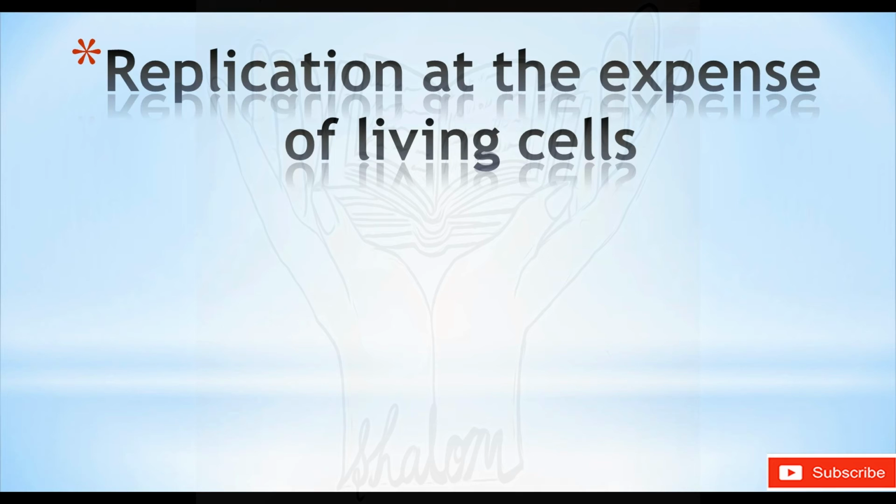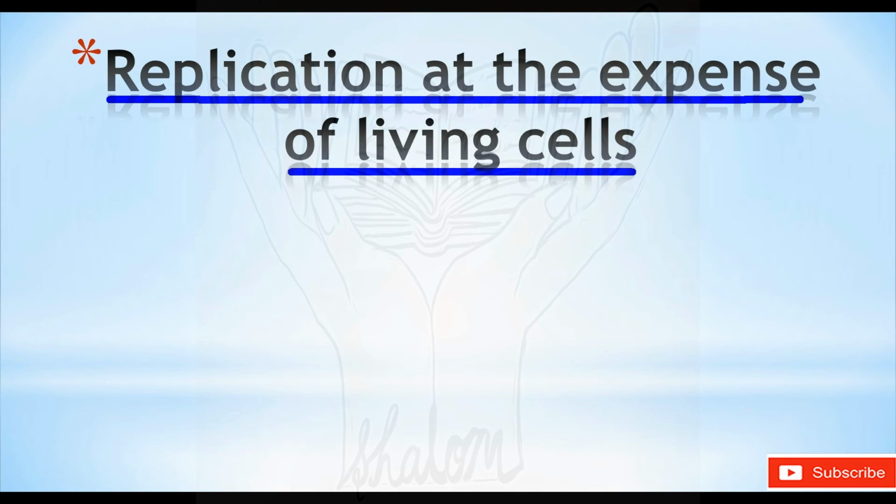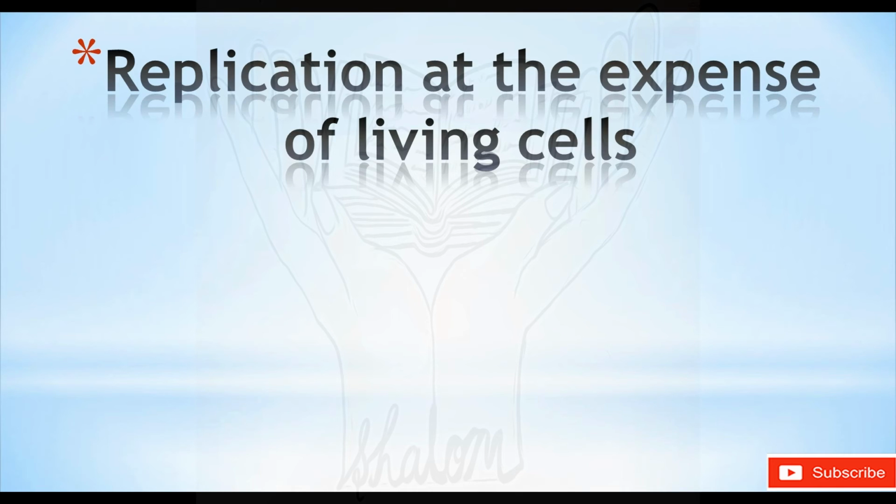The fourth characteristic of a virus is replication at the expense of living cells. This simply means that viruses can replicate only within a living cell. That's why they are called obligatory intracellular parasites. And obligatory means compulsory.